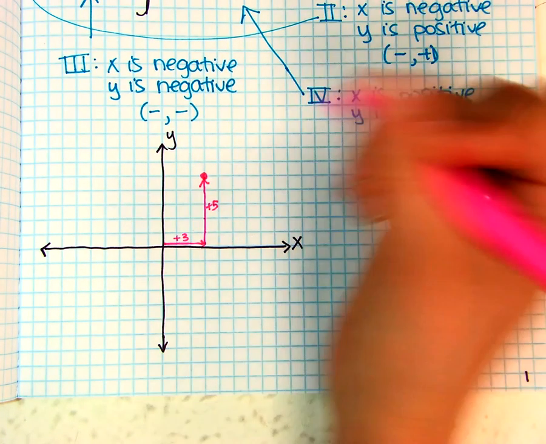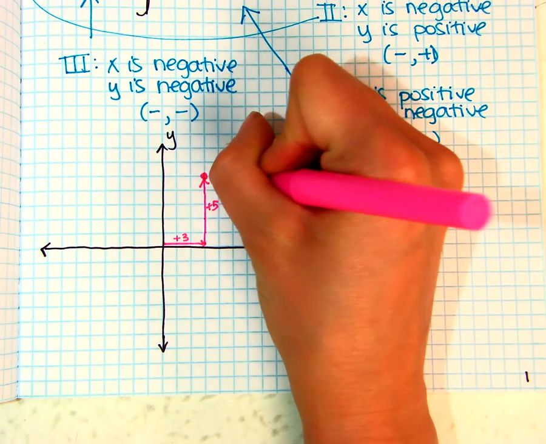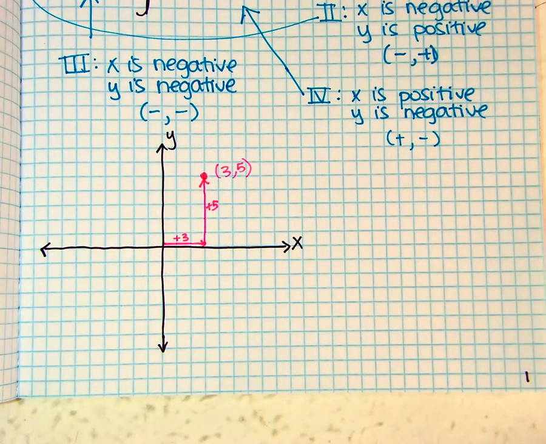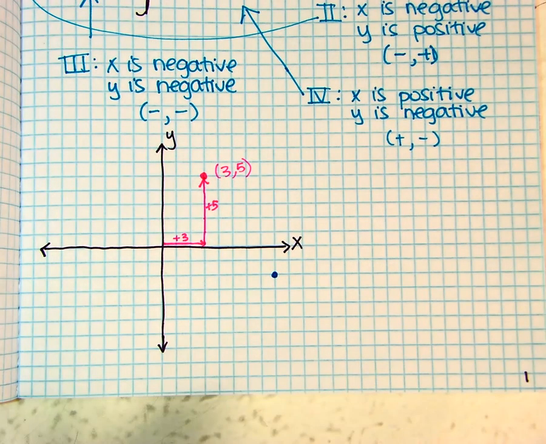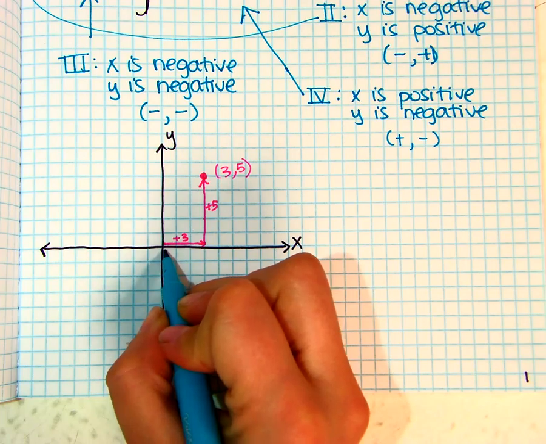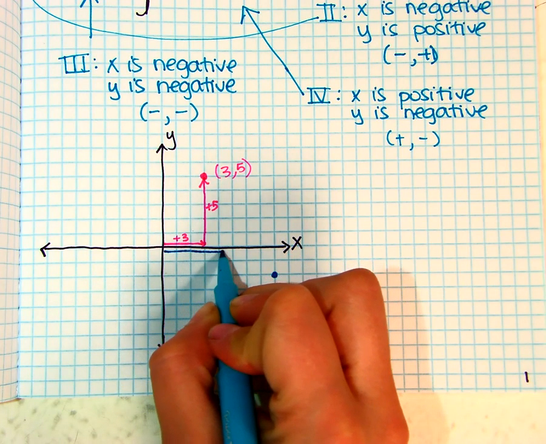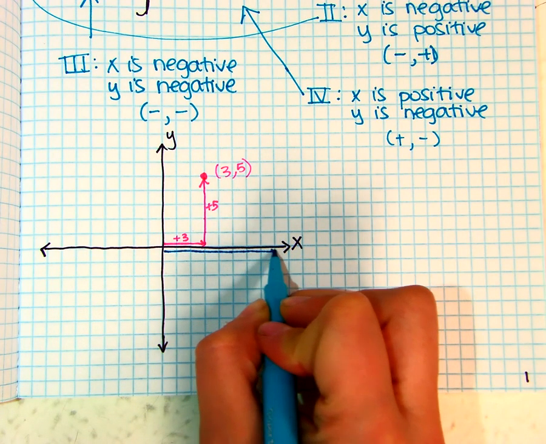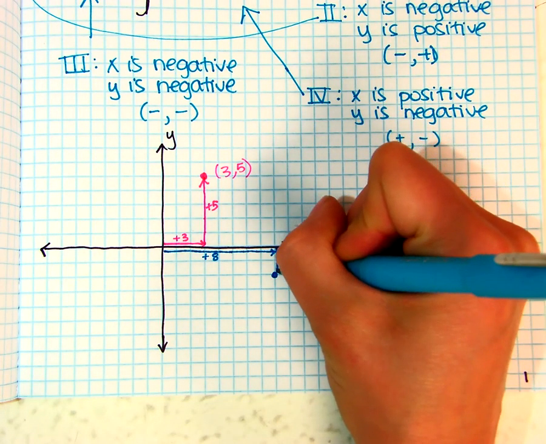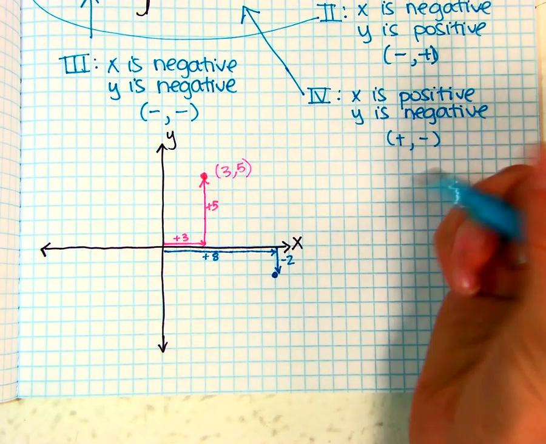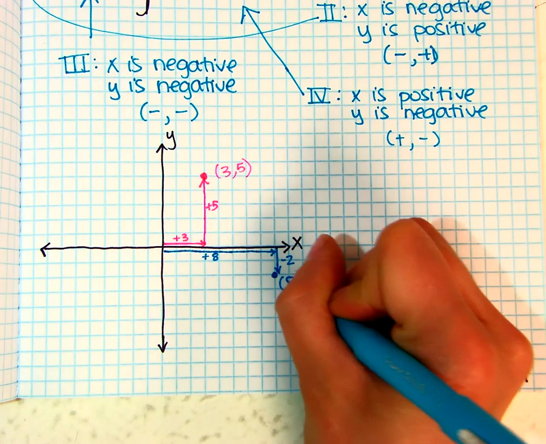So this point is 3, 5. If we did a point over here, we would go right 1, 2, 3, 4, 5, 6, 7, 8. So plus 8 because I'm going to the right. And I would drop down 2, so this point is 8, negative 2.